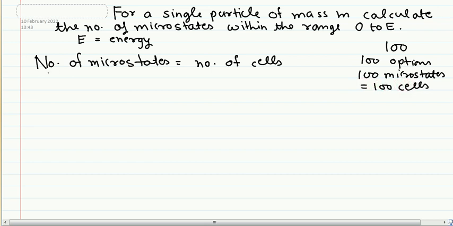So for a single particle, the number of microstates is equal to the number of cells.